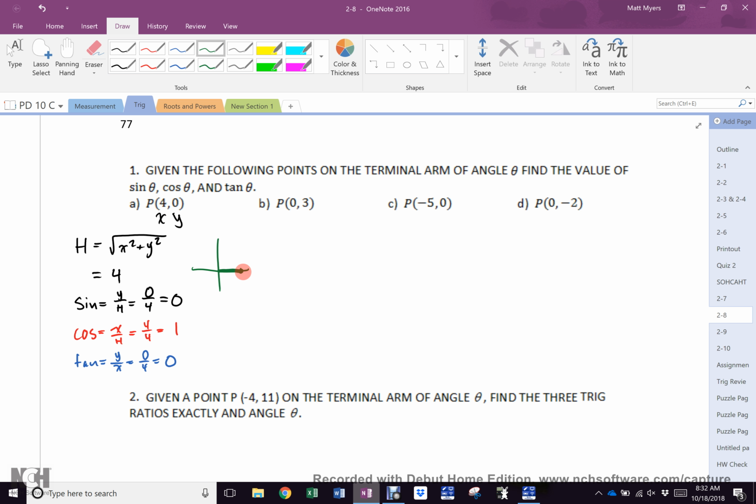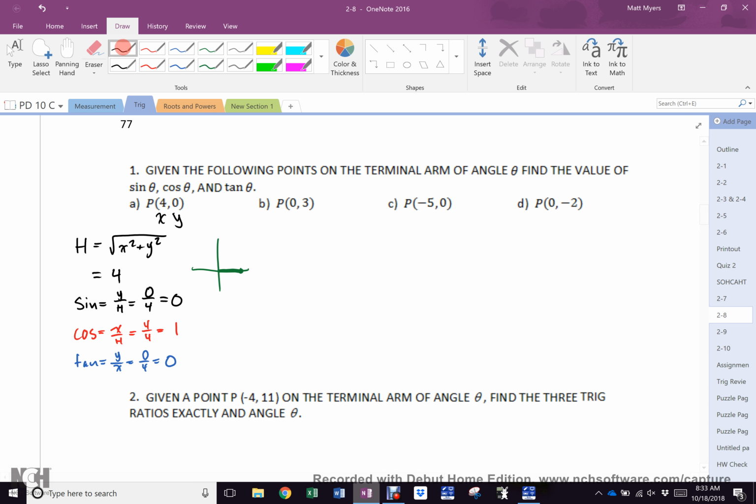So if you go to your calculator and you push shift sine 0, what do you get? 0, right? Everybody good? Okay, now do that over here.